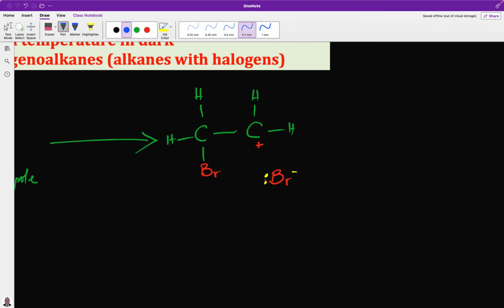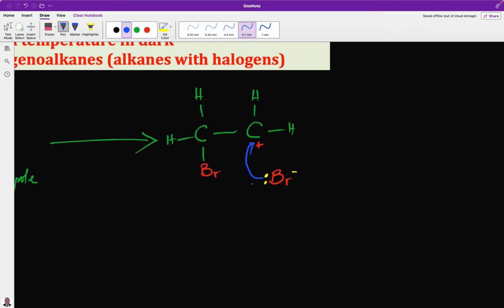And this is how the whole thing works. So there is an attack by the bromide ion on this carbocation. By doing like that, it donates electrons to this.